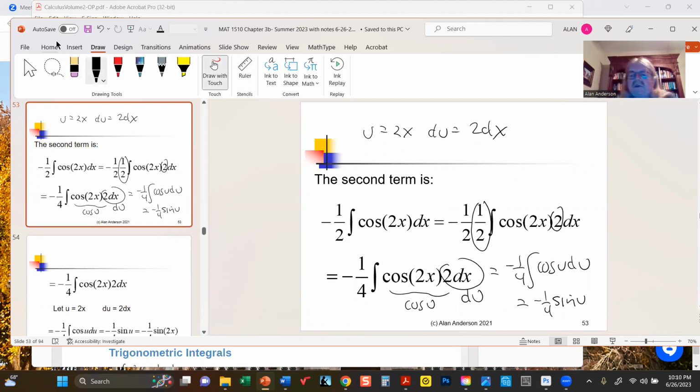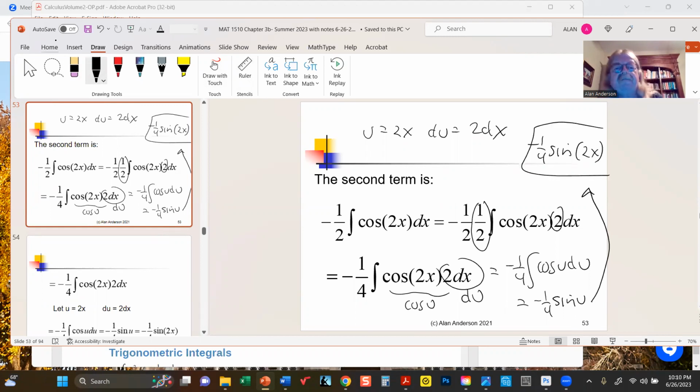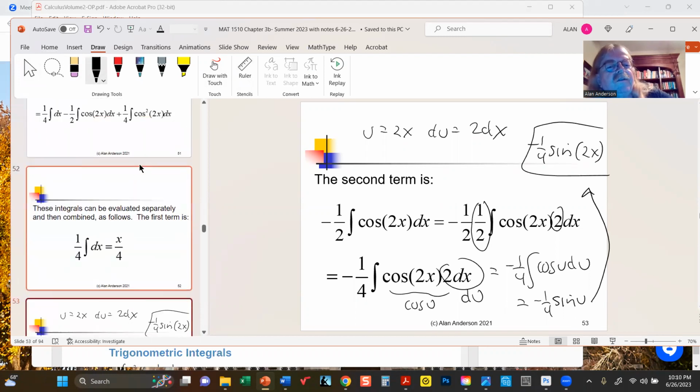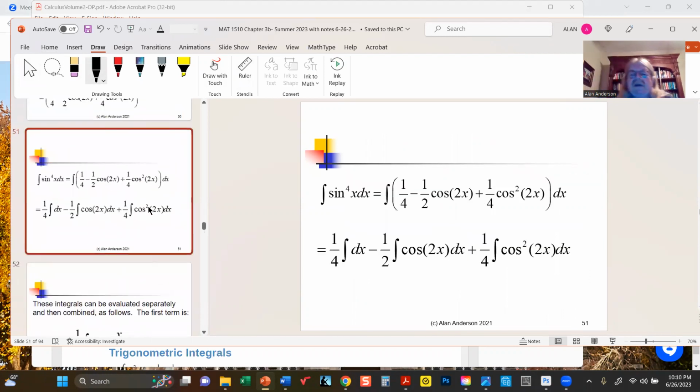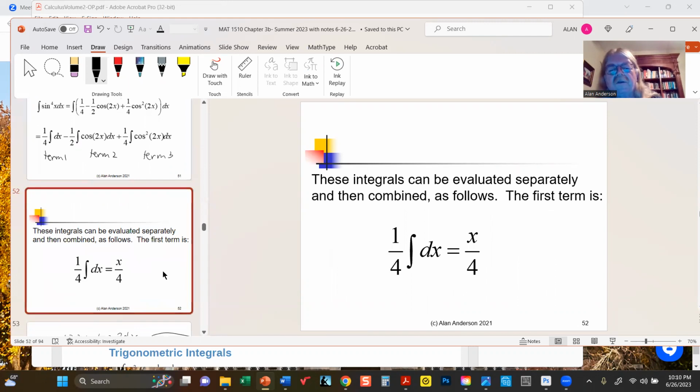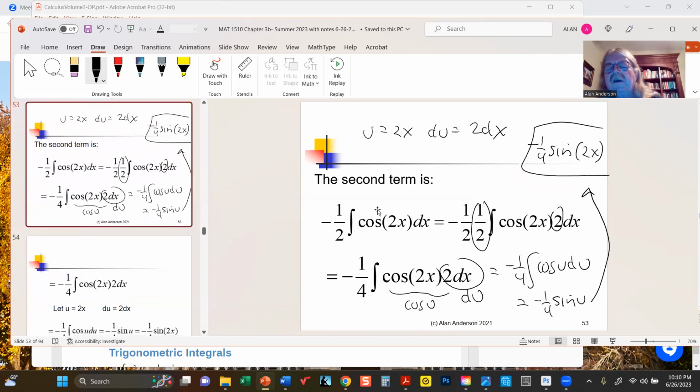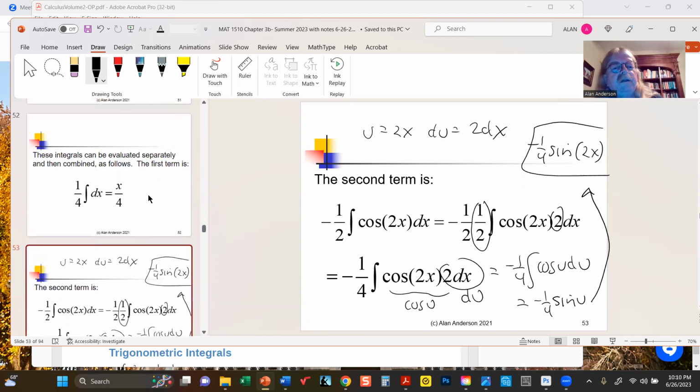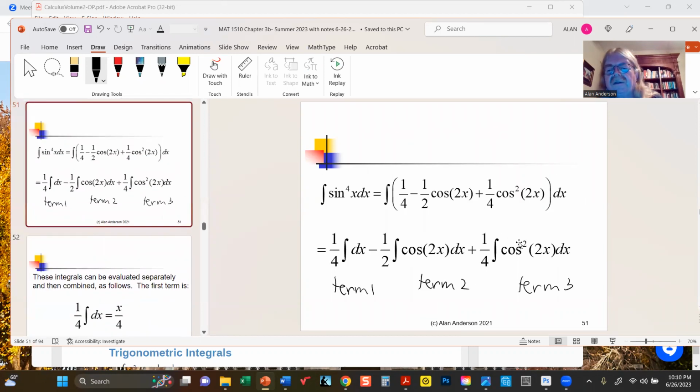So this can be thought of simply as negative a quarter sine 2x. That's term number 2. All right, so just a quick refresher. Now we can think of this as term 1, term 2, term 3. We already know now terms 1 and 2. Here's term 1, x over 4. Term 2, negative 1/4 sine 2x. Number 3 is going to be a little bit more challenging.